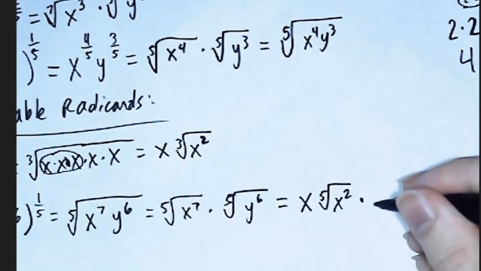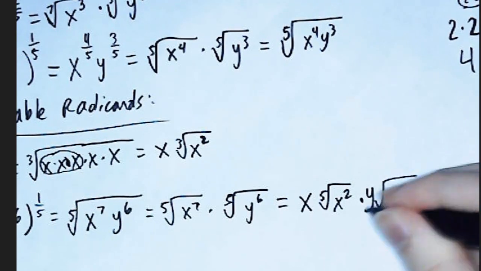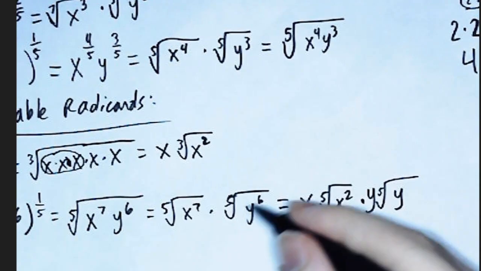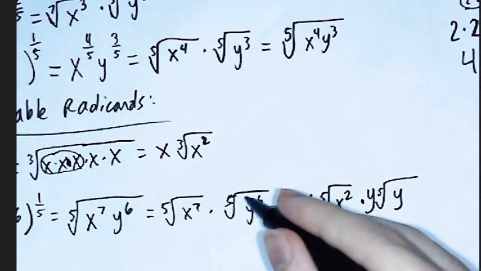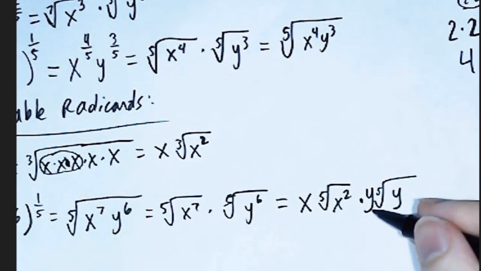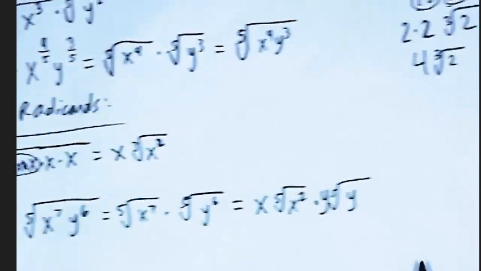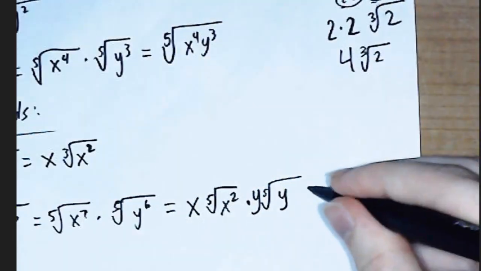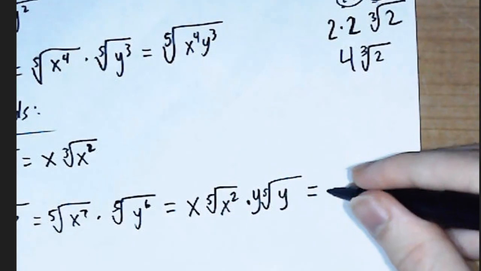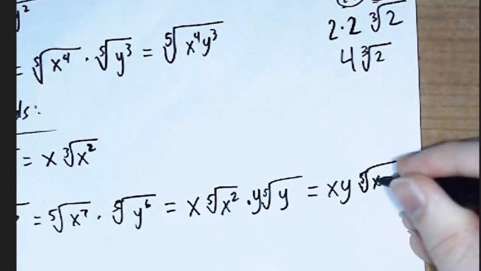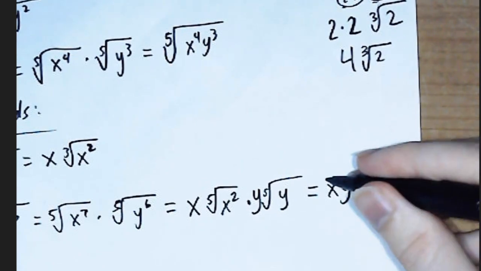Y to the 6th, that's 1 group of 5 y's and 1 left over. Because there's 6 y's, we can take 1 group of 5 out from under the radical, and we're left with 1 left over. So, we're not actually done here. We can write everything on the outside together, and everything on the inside together. Just like that.